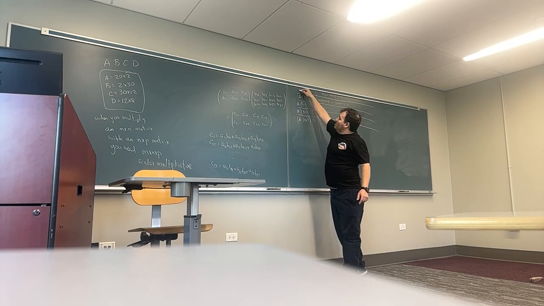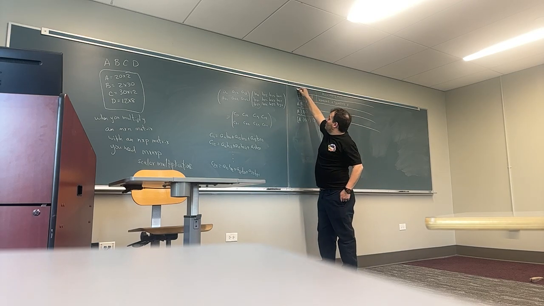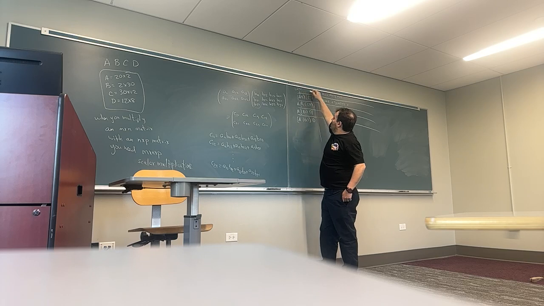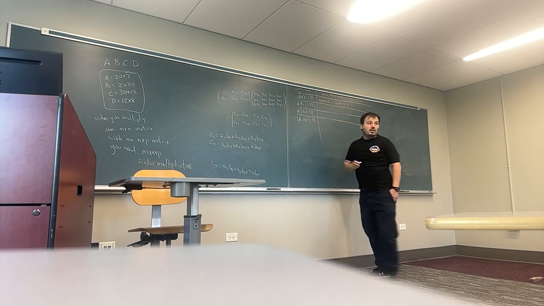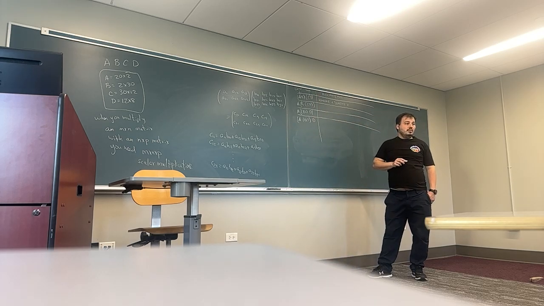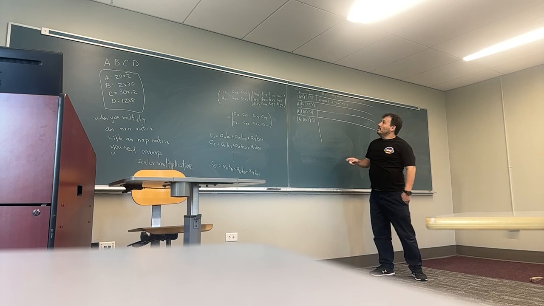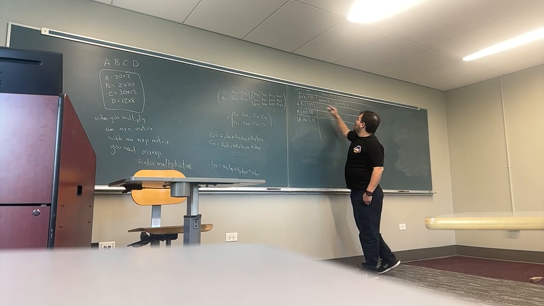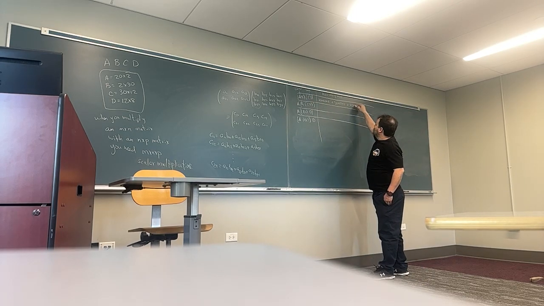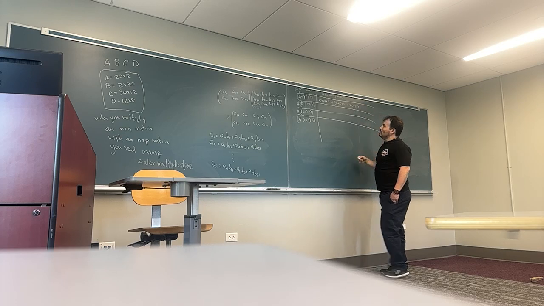So A times B, this thing, would be a 20 by 30 matrix, and this thing would be a 30 by 8 matrix, right? So then the product of these two matrices takes 20 times 30 times 8 operations.